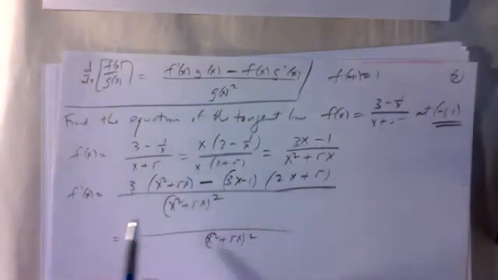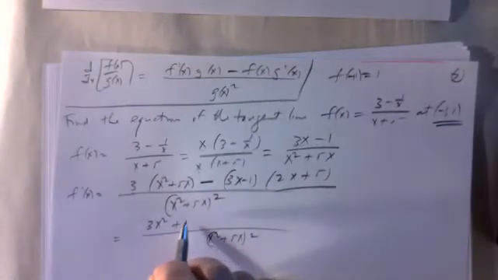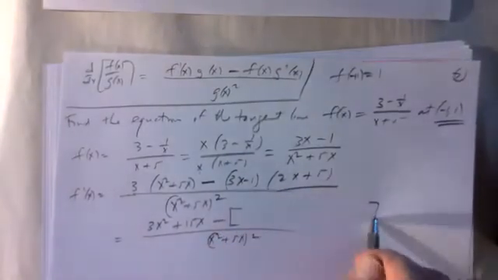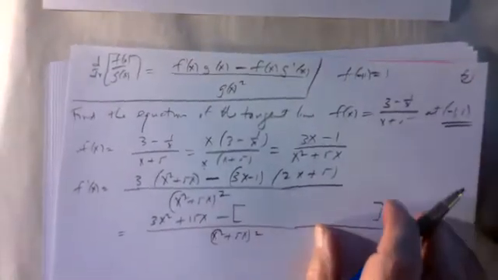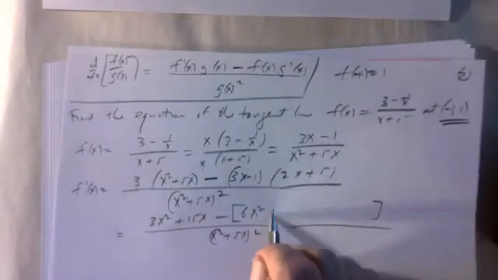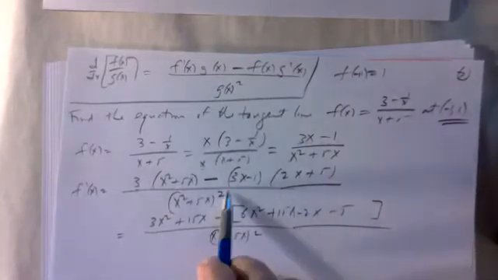Let me expand the numerator. I get 3x squared plus 15x minus what I get when I multiply these two terms together. I get 6x squared plus 15x minus 2x minus 5.